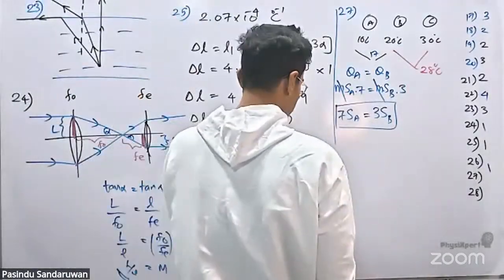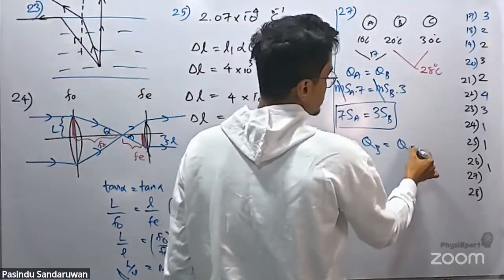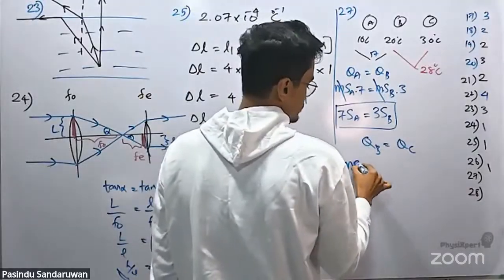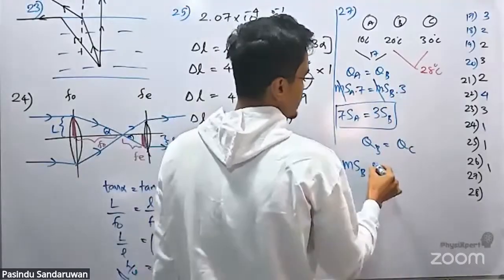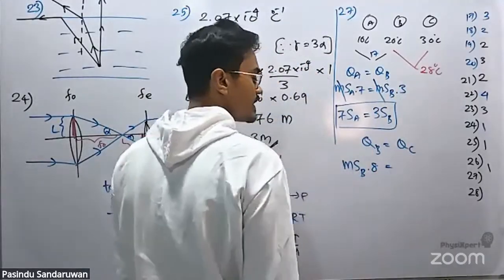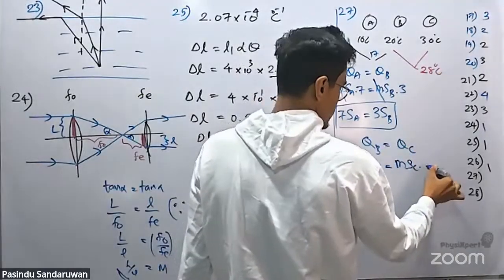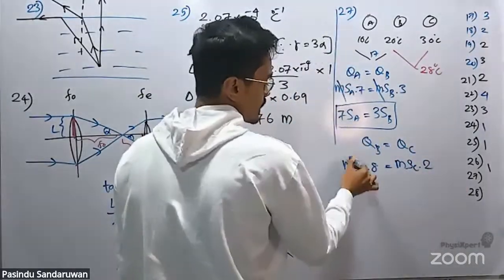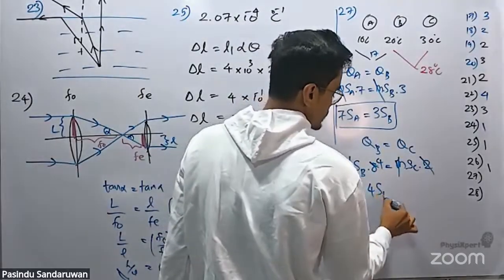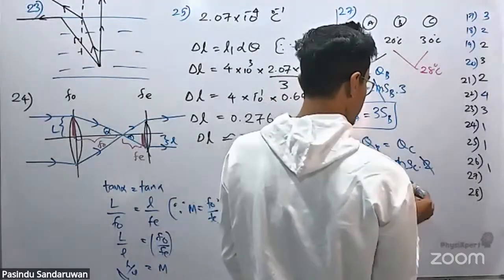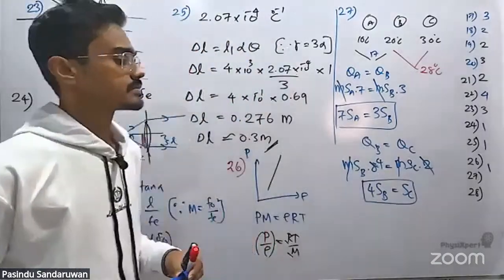Heat absorbed by B equals heat liberated by C. m SB, 20 to 28, temperature difference is 8. Then m SC, 30 to 28, temperature difference is just 2. m cancels m, 2 and 8 cancel to 4. From here, 4 SB equals SC.